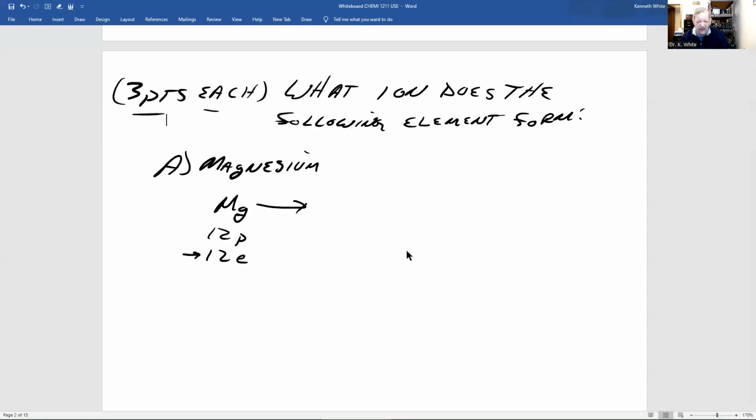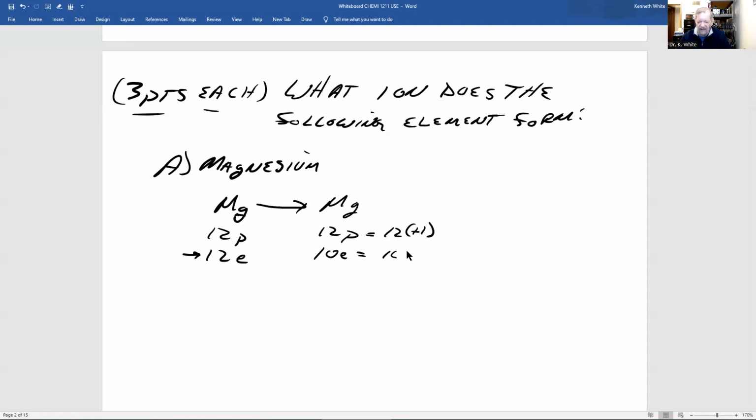So magnesium won't lose protons, but wants to have the same number of electrons as neon, which is 10. Now we've got to do some high-level math. You have 12 protons, and the charge on each proton is +1.